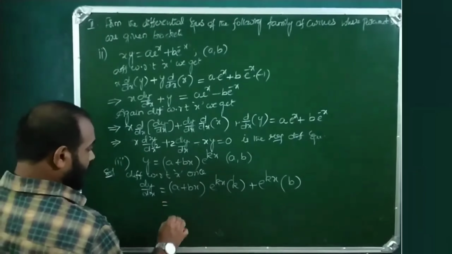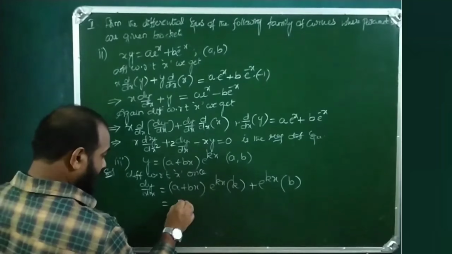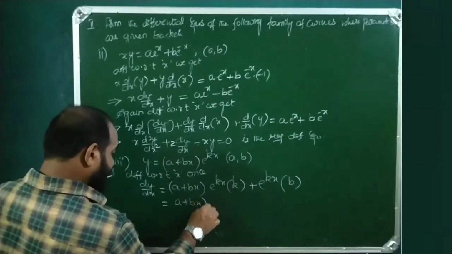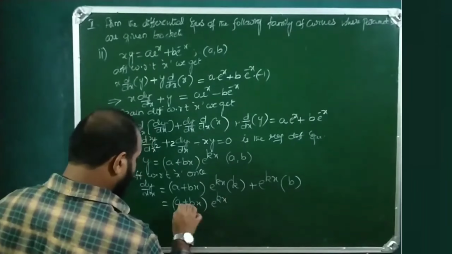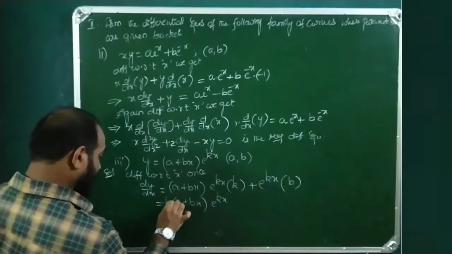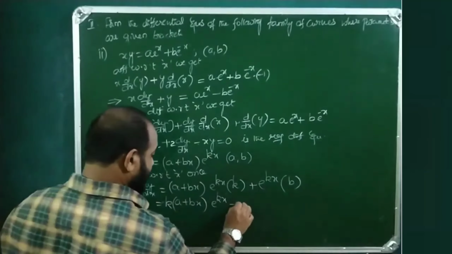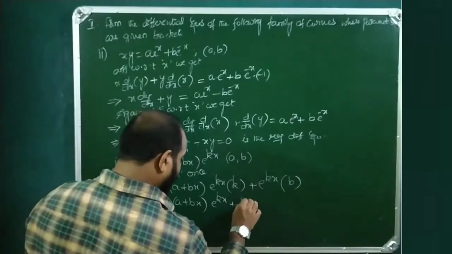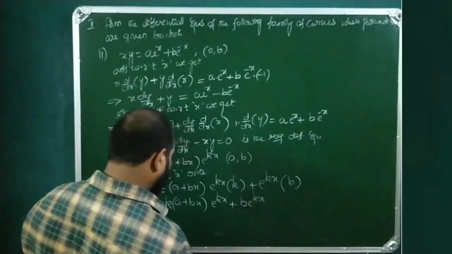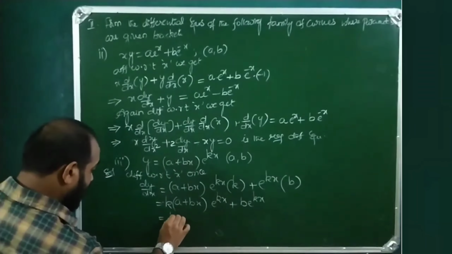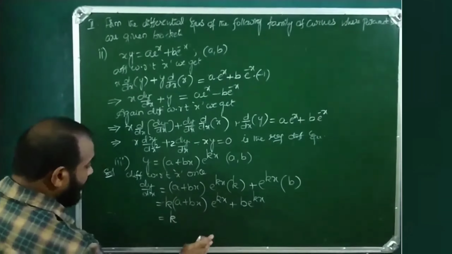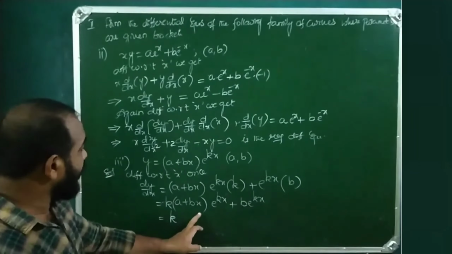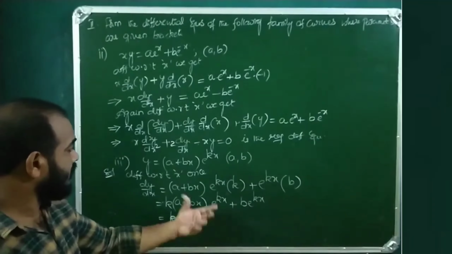So this is equal to (a + bx) into e^(kx) into k plus b e^(kx).